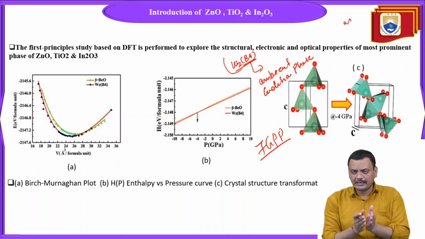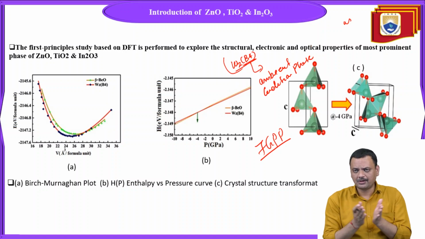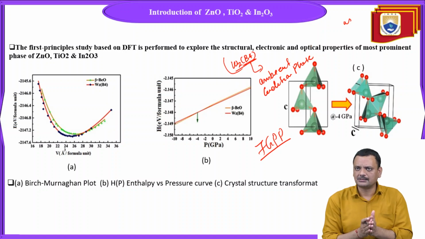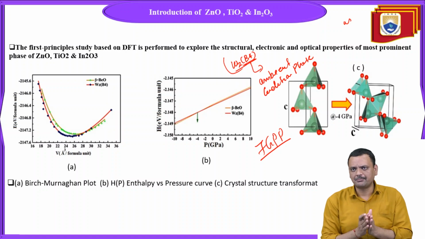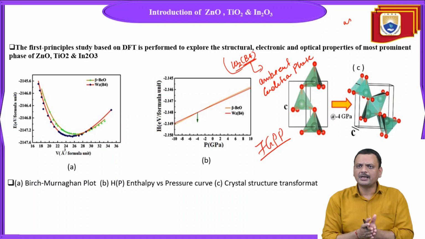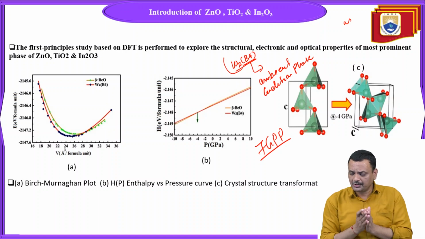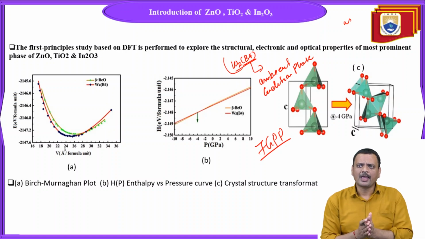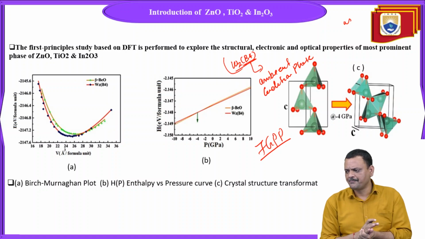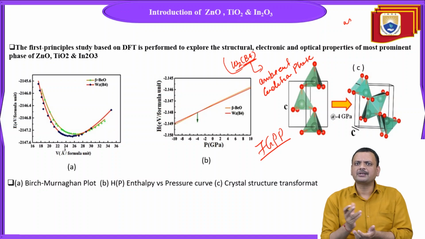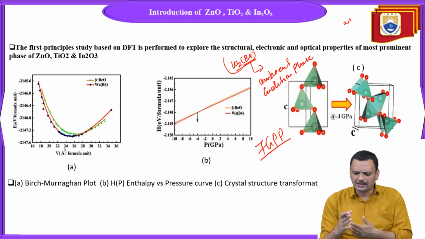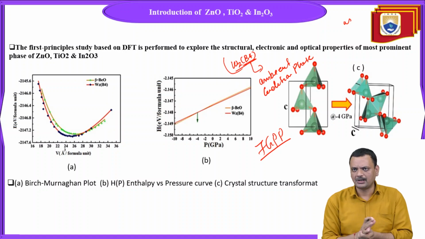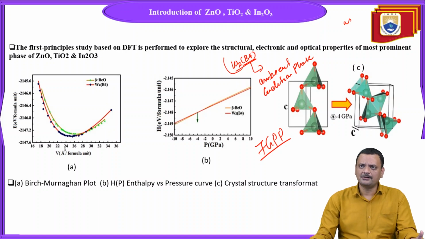So its optoelectronic behavior, because zinc oxide is a very promising candidate for optoelectronic performance, should be analyzed by everyone, and you should also try to change pressure and temperature conditions so that you are able to enhance the optoelectronic behavior of this ambient condition Wurtzite B4 phase of zinc oxide.